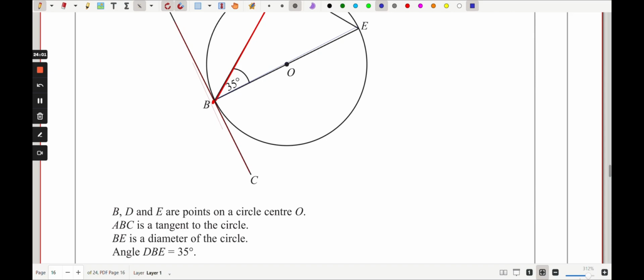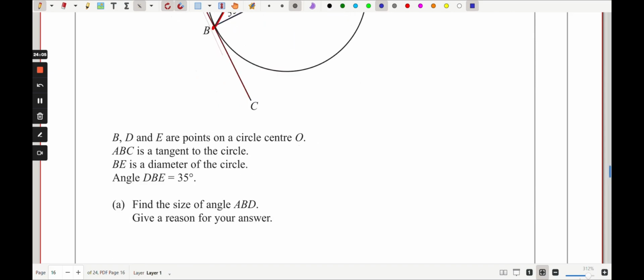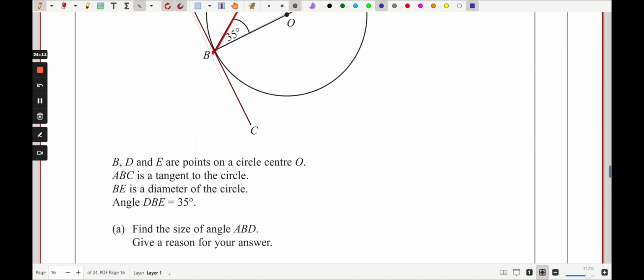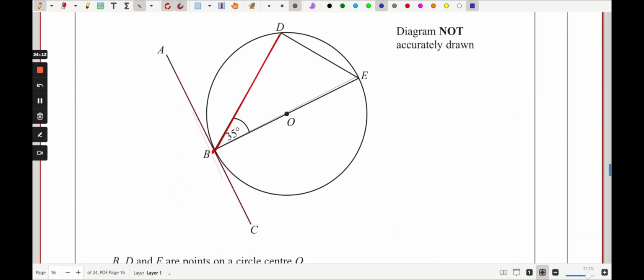Angle DBE is 35 degrees. Now find the size of angle ABD. Give a reason for your answer. This is the angle ABD that they want us to find. And we know that there is a tangent here.